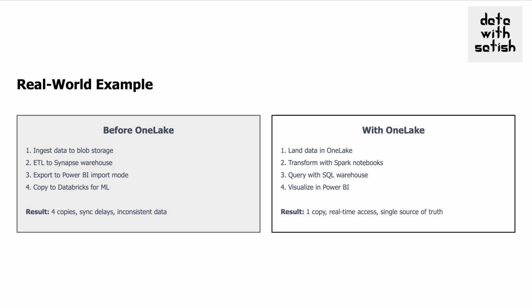With OneLake, land your data in OneLake once, transform it with Spark notebooks, which writes back to OneLake, query it with SQL Warehouse from OneLake, visualize in Power BI directly from OneLake. And the result: 1 copy, real-time access across all services, single source of truth. Same workflow, completely different architecture, massively simpler.